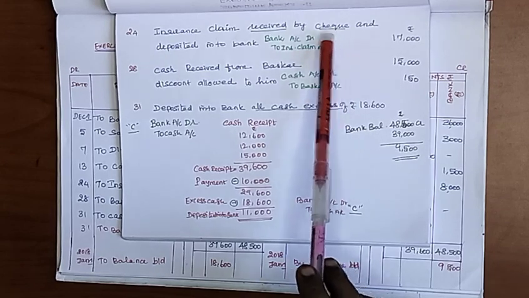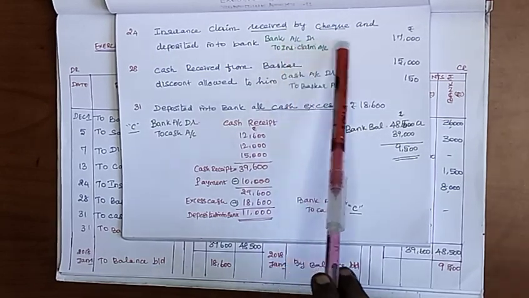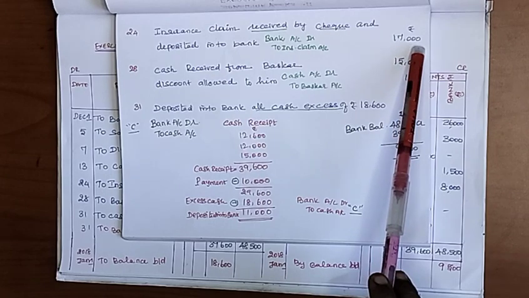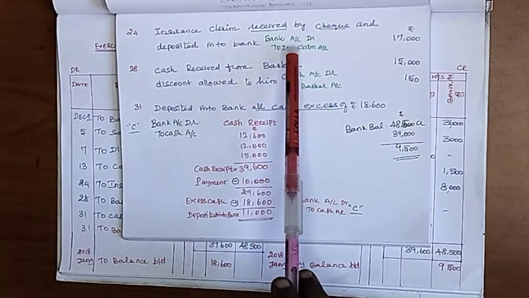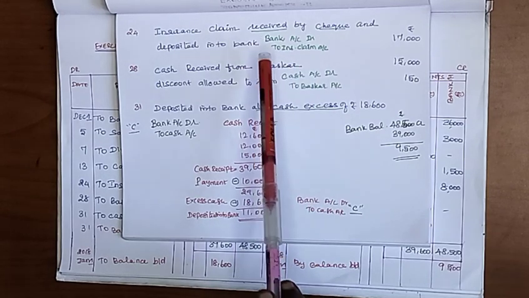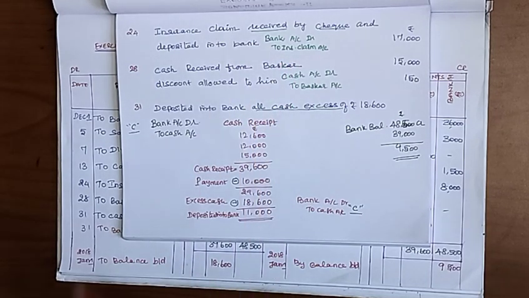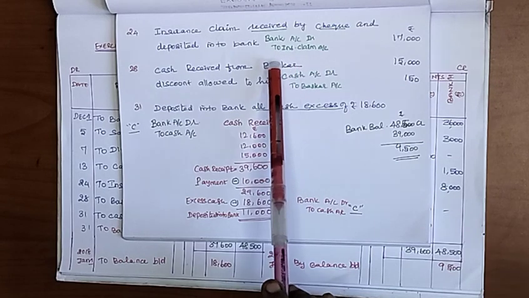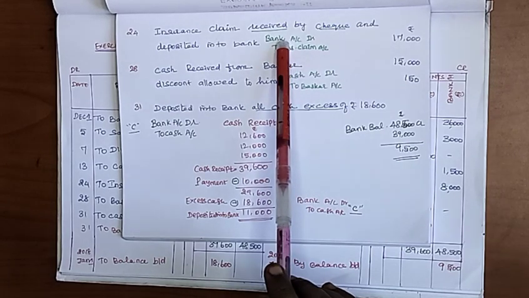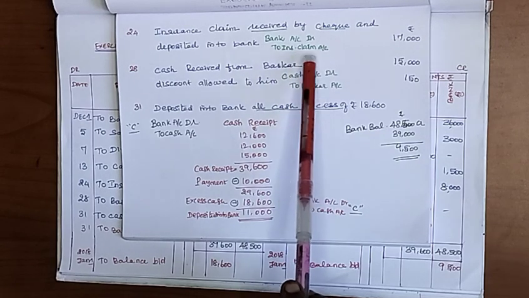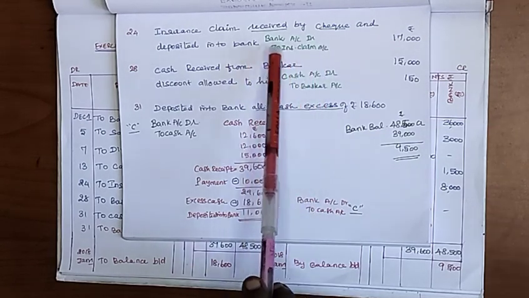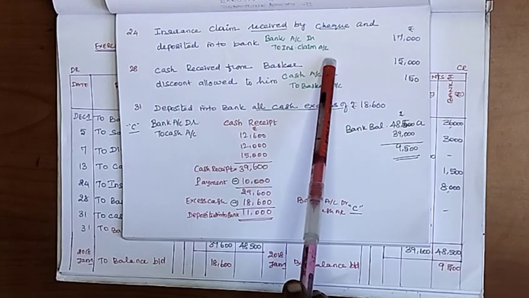Check means bank. How much? 17,000 rupees. So immediately you deposited it into the bank. When your bank account increases, what is the journal entry? Bank account debit to. For what purpose does your bank account increase? Because you received an insurance claim. So the journal entry is bank account debit to insurance claim account.